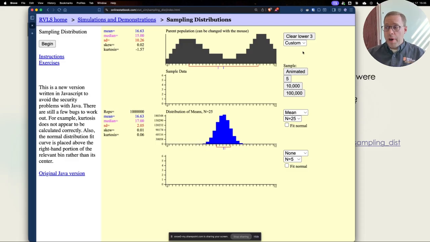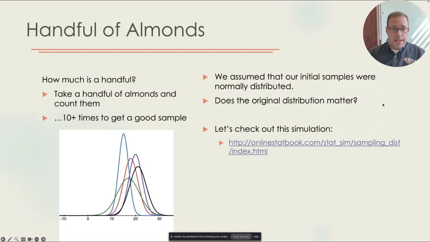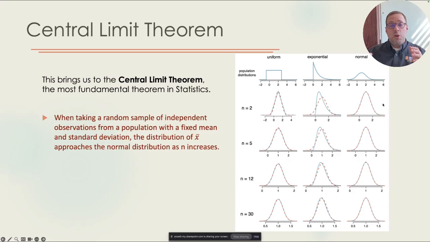So, bottom line here is that no matter what the original distribution is, if my sample size is large enough, the sampling distribution will actually end up looking normal. So you can see here, I start off with a uniform population distribution, an exponential population distribution, and a normal population distribution.